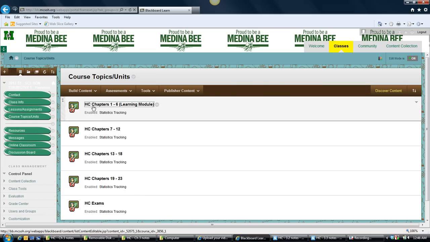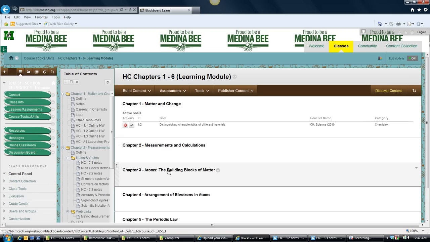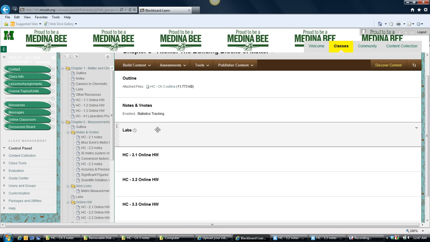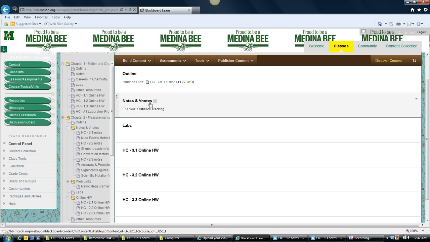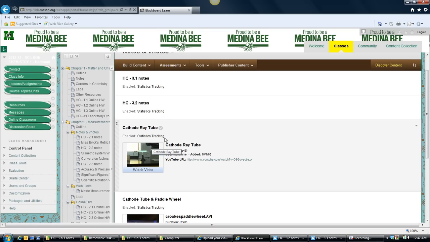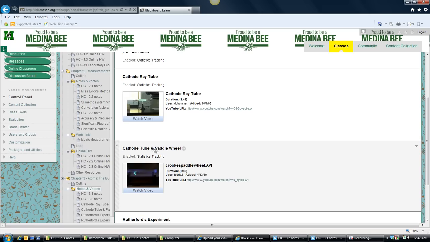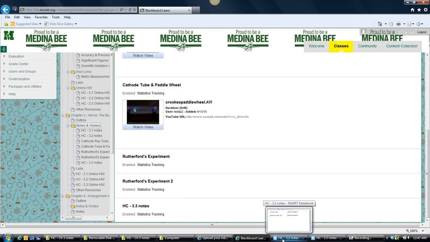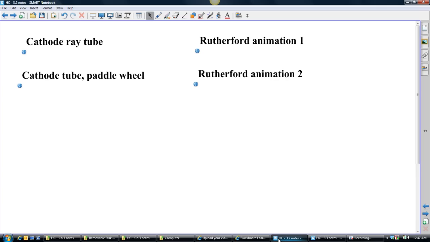When you go into chapter 2 or chapter 3, under the notes, sorry, you're going to find a link to a cathode ray tube experiment, the cathode ray tube and paddle wheel, and two different links to Rutherford's experiment. They give a lot of information, a lot of details relative to that. Those can be very useful, as well as the information that you have in the book.